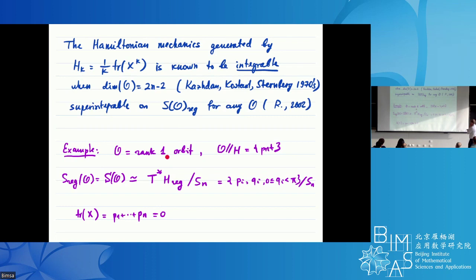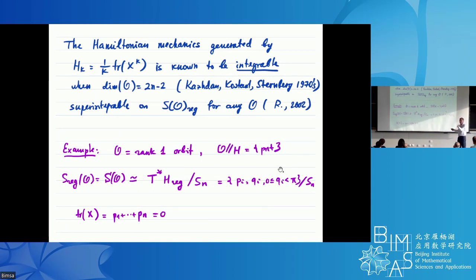Okay, so let's first consider this Kazhdan, Kostant, Sternberg example when the orbit has rank 1. It has dimension, in this case, 2n minus 2. The Hamiltonian reduction with respect to the action of the Cartan is a point. You see, the Hamiltonian reduction works like this.